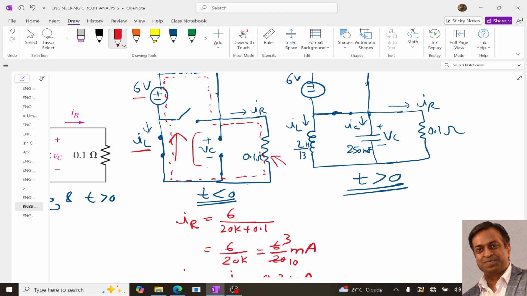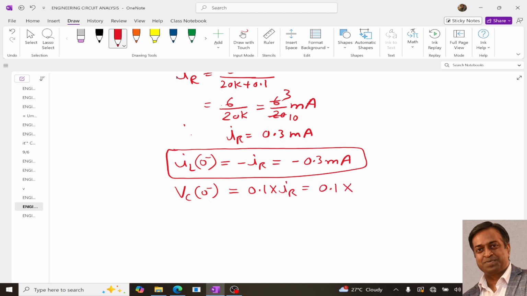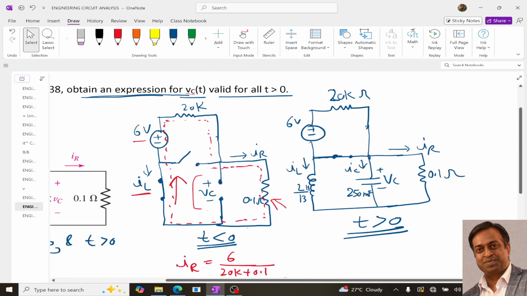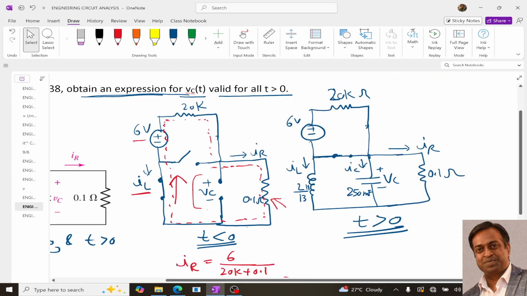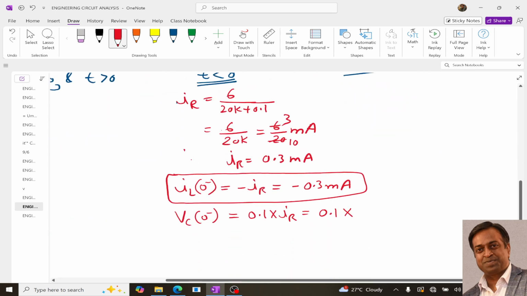So VC at 0 minus will be 0.1 times the current IR, which is 0.3 milliampere.